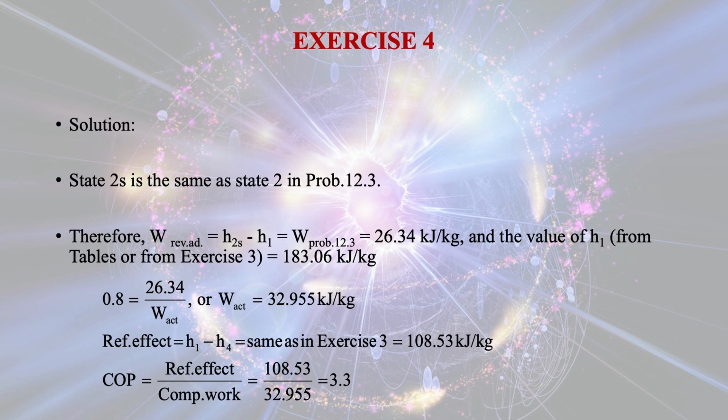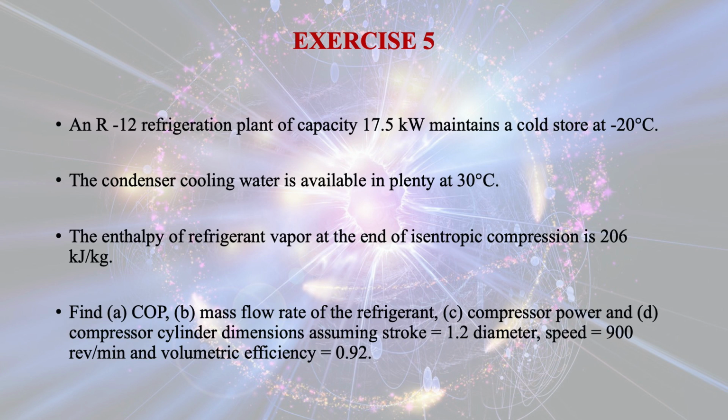Dear learners, let us start with a very interesting numerical. A refrigerant R-12 refrigeration plant of capacity 17.5 kilowatt maintains a cold store at minus 20 degrees centigrade. The condenser cooling water is available in plenty at 30 degrees centigrade. The enthalpy of refrigerant vapor at the end of isentropic compression is 206 kJ per kg.